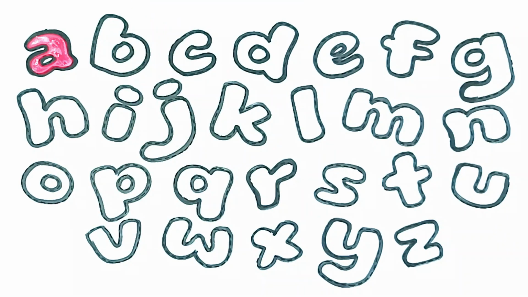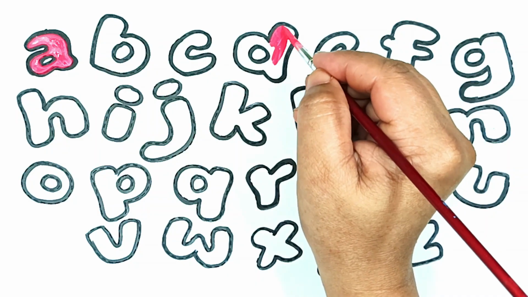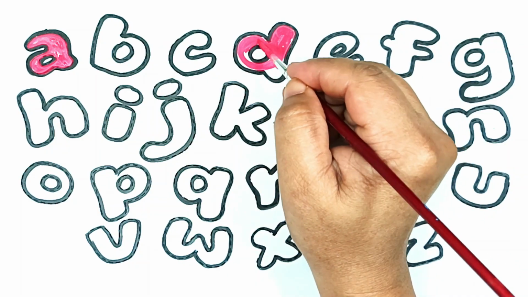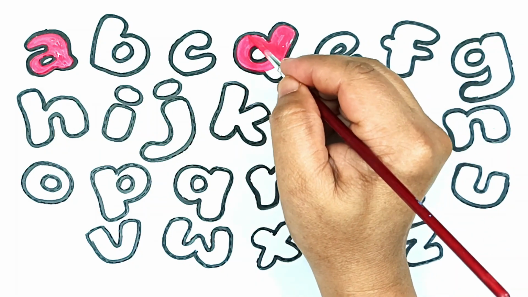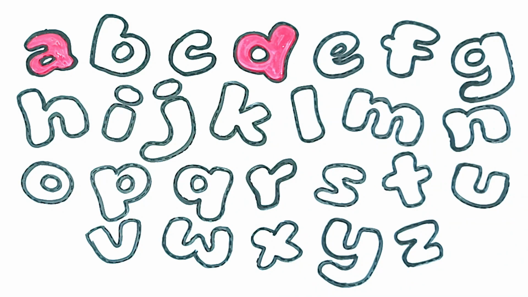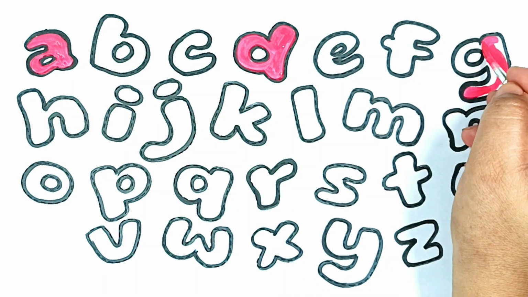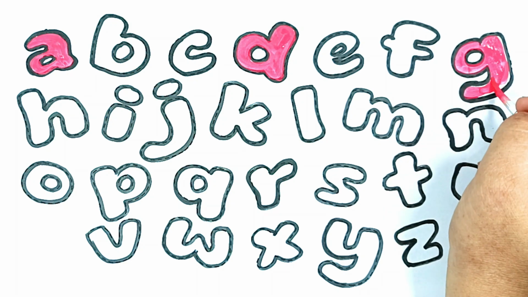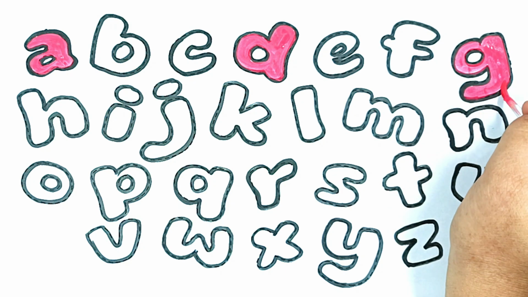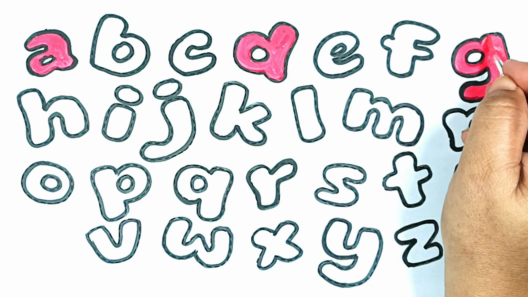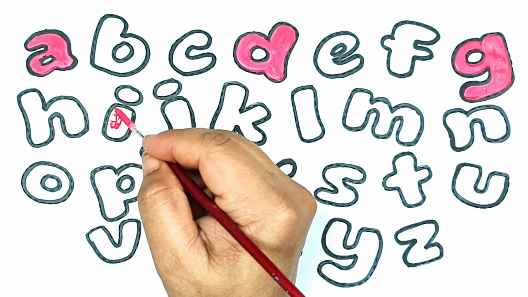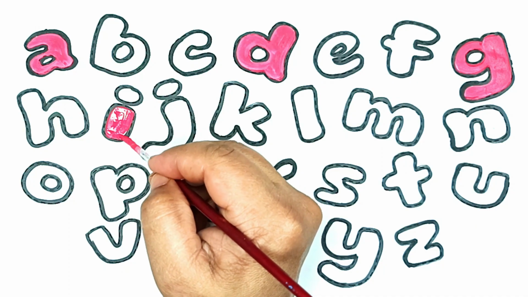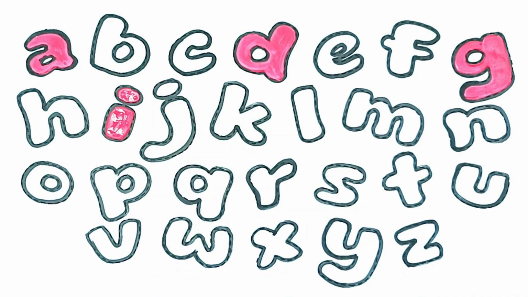A for apple. D for doll. G for glass. I for igloo.